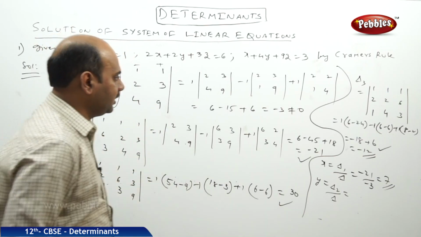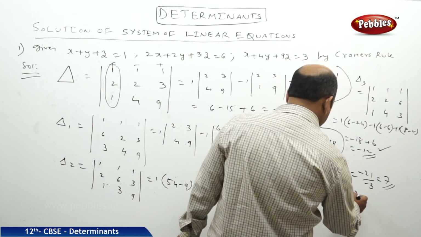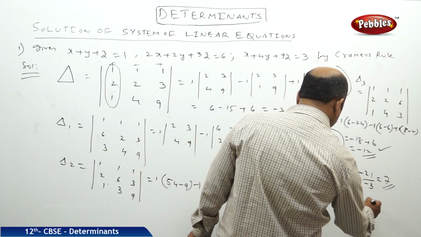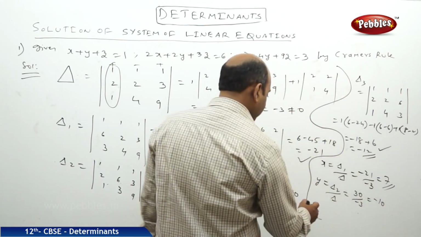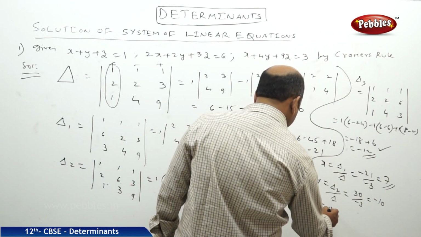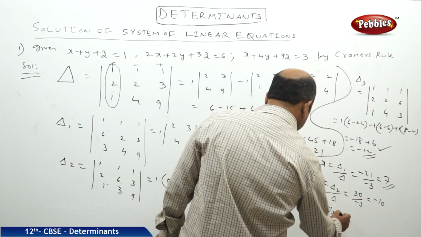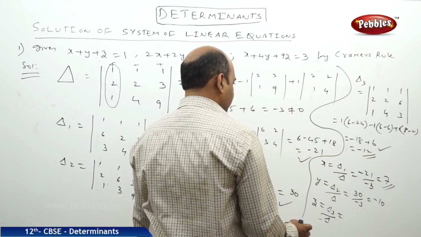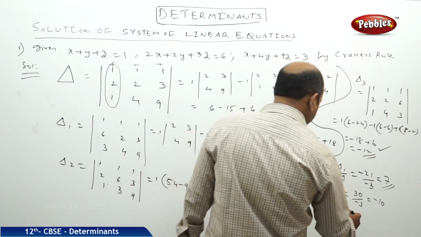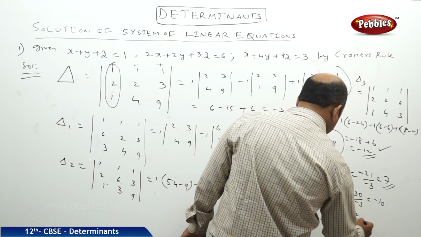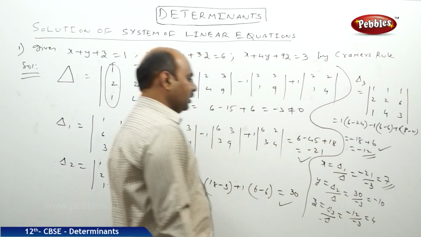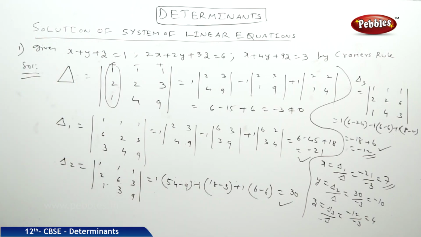Delta 2 is 30, 30 divided by minus 3 is minus 10. And z is equal to delta 3 by delta, that is minus 12 by minus 3, which is equal to 4. So the x value I got as 7, y value as minus 10, z value as 4.